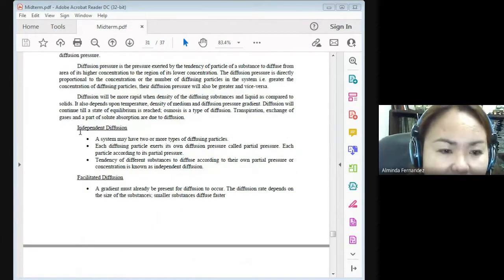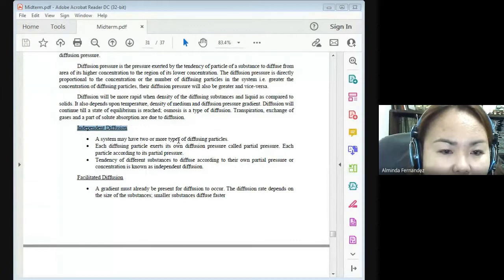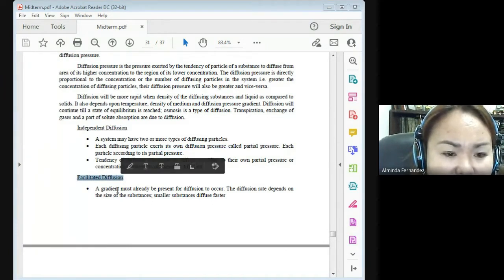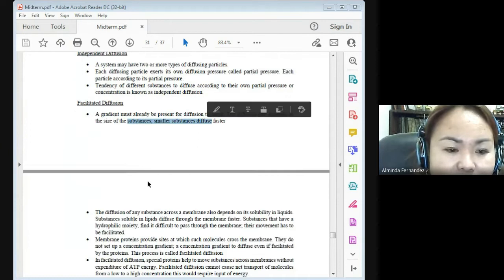We also have what is called independent diffusion, wherein each gas exerts its own diffusion pressure called partial pressure. And facilitated diffusion has a gradient. It depends on the substance or smaller fast particles.